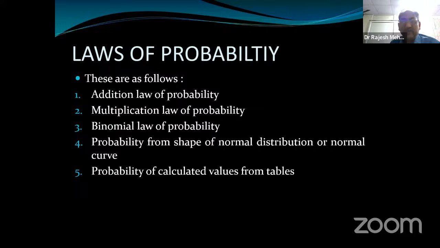All this will be helpful if you know the laws of probability. One is the addition law of probability. Another is the multiplication law of probability, then the binomial law of probability, probability from the shape of a normal distribution or normal curve, and probability values calculated from tables. It could be a Z table, a chi-square table, or the F table.